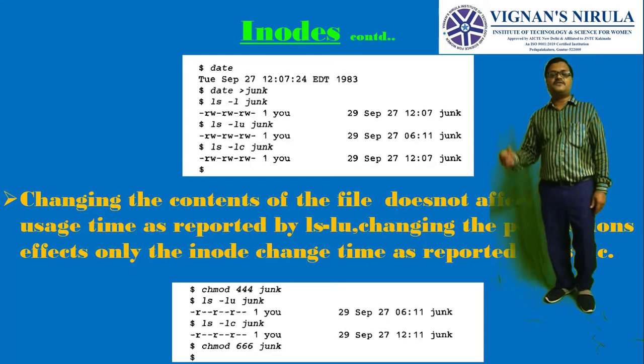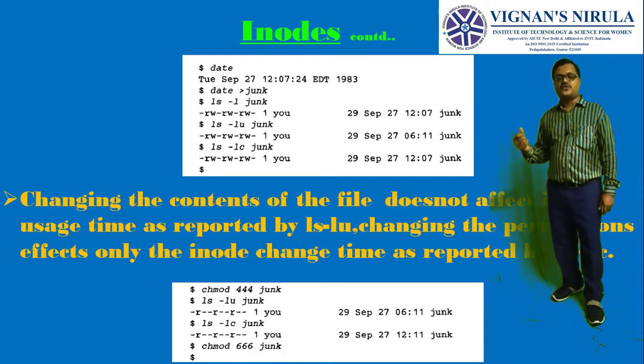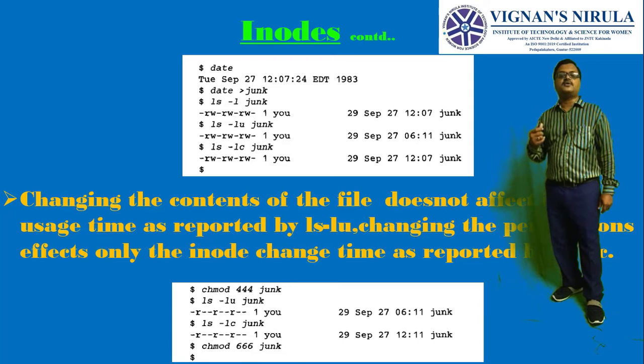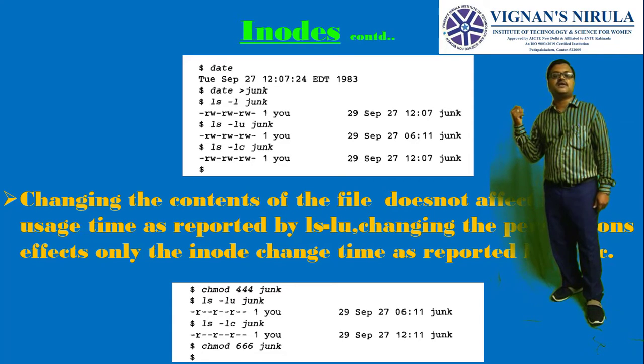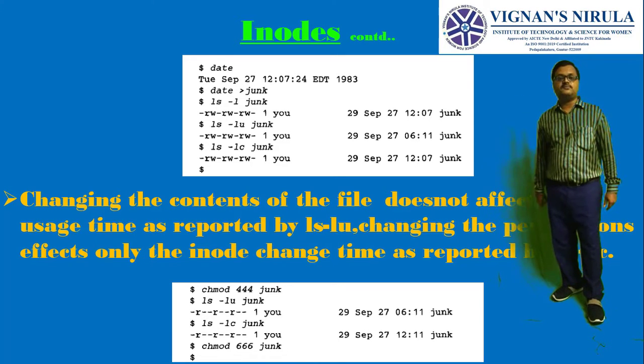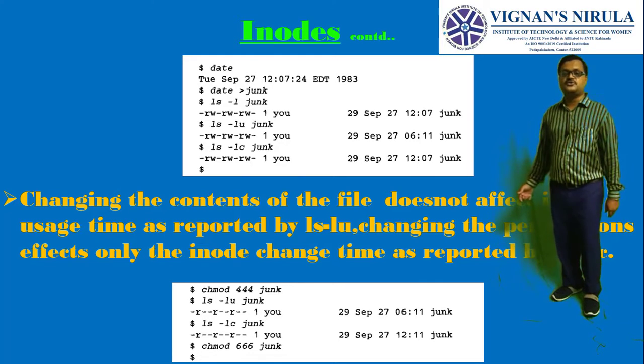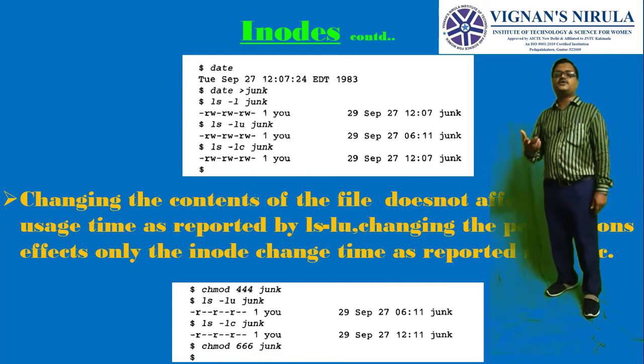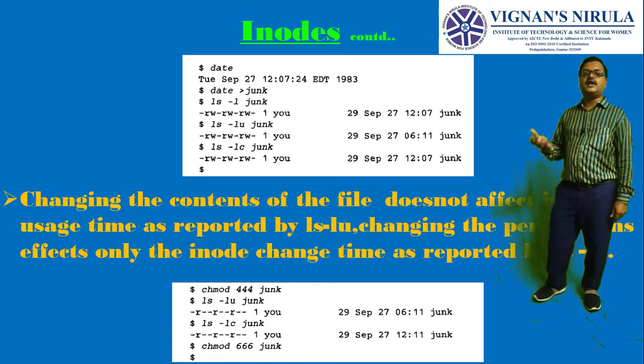Like this, for every change, the time gets reflected in the corresponding ls -l command. So this is about the basic concept. Next, suppose you take the date command and save its output in a file called junk.